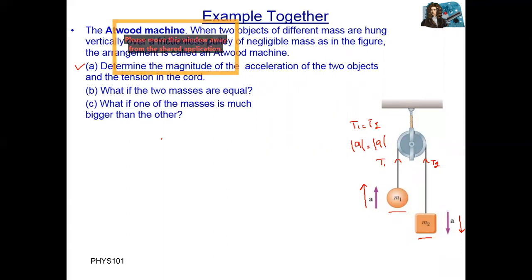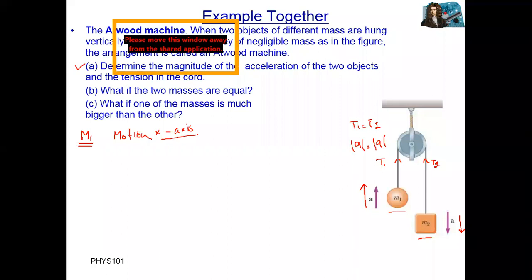There is no motion along the x-axis, so no need to write the summation of forces along the x-axis. The only motion is along the y-axis.